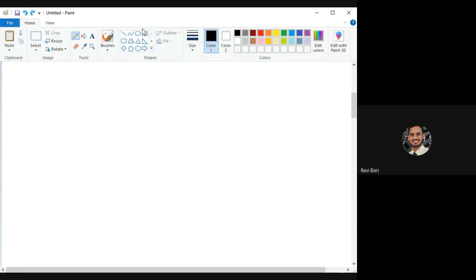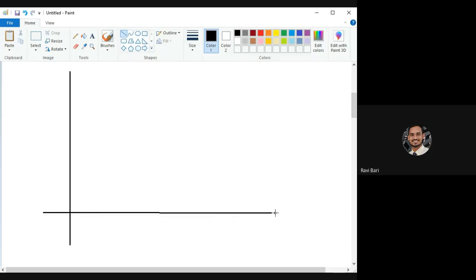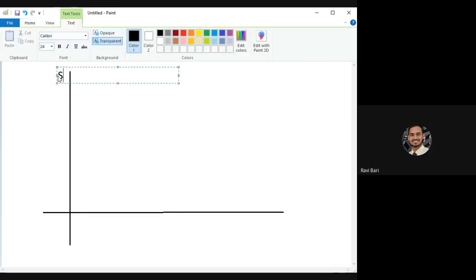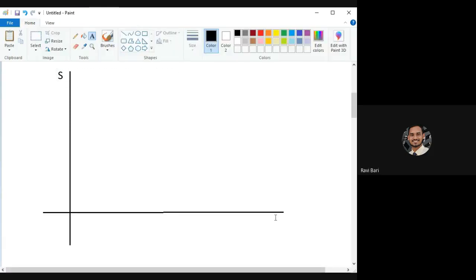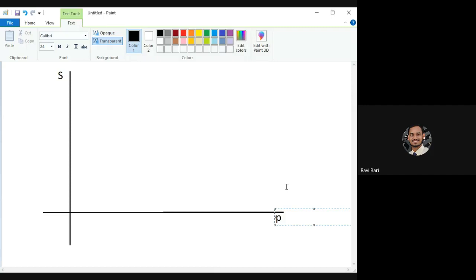Now let's draw another diagram where you have supply on the y-axis and price on the x-axis.